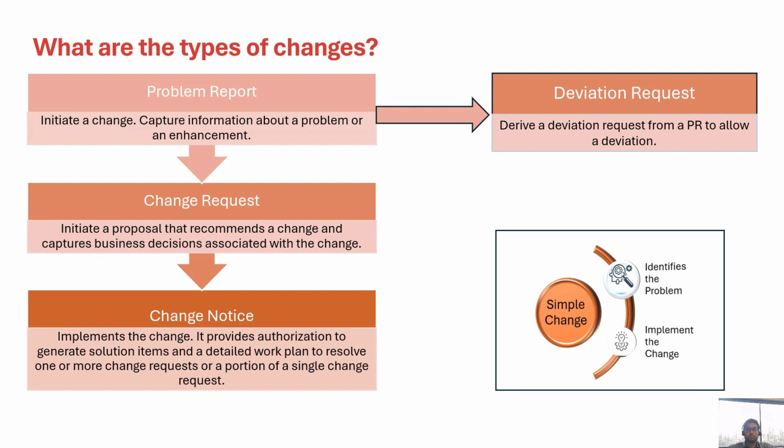A request for deviation is when a user will ask for approval for temporarily changing a part or a solution. And a request for waiver is the one where the user will ask for approval to accept a part that does not fully meet the required standards. So that's the difference between a request for deviation and a request for waiver.